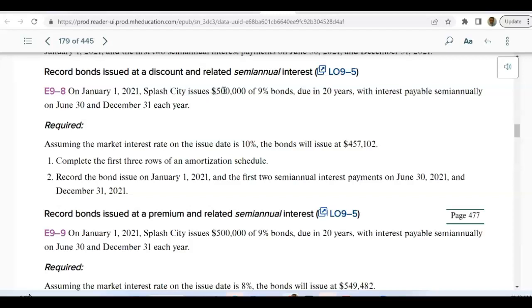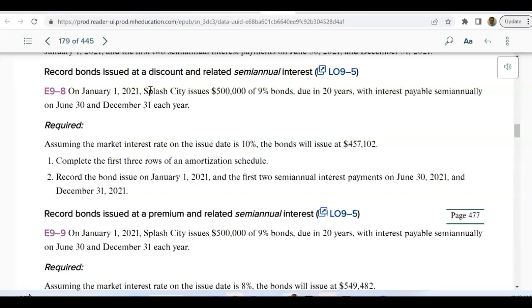So corporate bond will be a good option. They issue $500,000 of corporate bond at 9% due in 20 years. So it's a 20 years long-term liability. With interest payable semi-annually. Normally bond interest is paid semi-annually, most of the times. On June 30th and December 31st. So they are raising on January 1st.